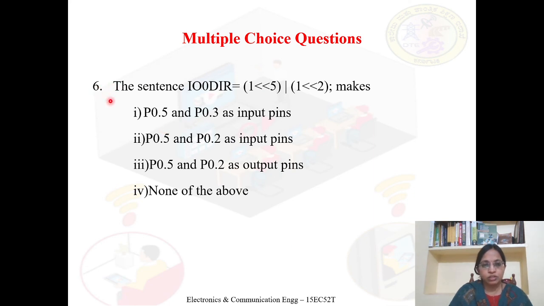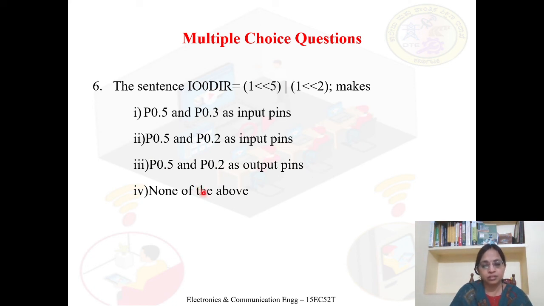The next question is, the sentence IO0DIR is equal to 1 left shifted by 5 times or 1 left shifted by 2 times makes P0.5 and P0.3 as input pins, P0.5 and P0.2 as input pins, P0.5 and P0.2 as output pins, or none of the above.